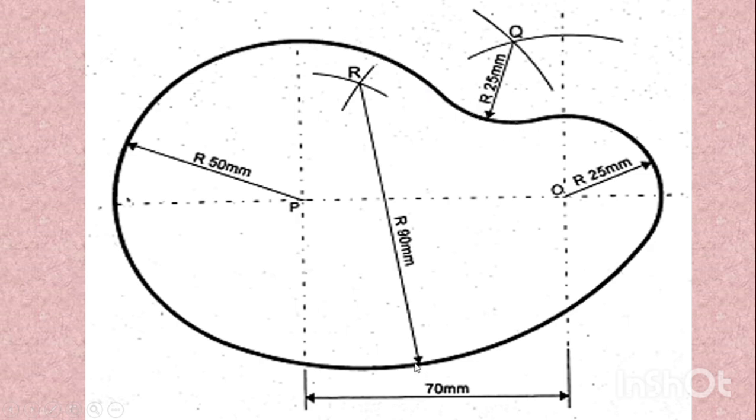And we have another arc, a very wide arc, which has a radius of 90 millimeters and is joined also to the two circles at the lower part. The distance between the centers for the two circles is given as 70 millimeters.